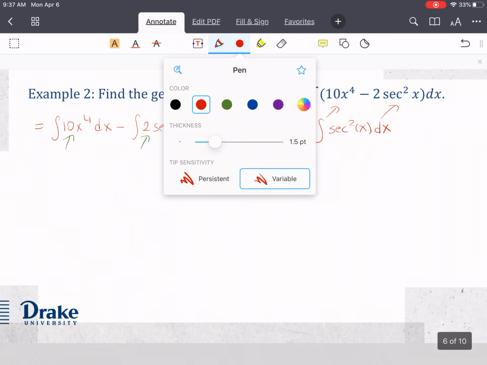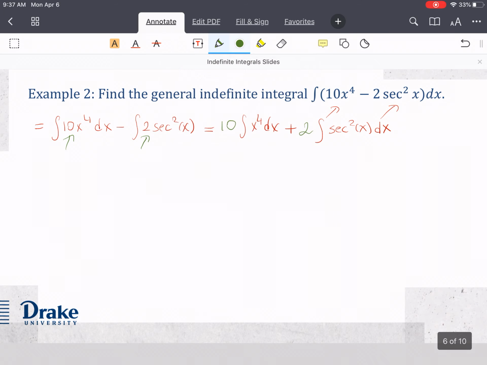Now I've reduced the amount of work, because with the first indefinite integral I'm going to apply the power rule. With the second one, I need to look at my table and determine the antiderivative for secant squared, and that is tangent. So I'm going to replace those things.